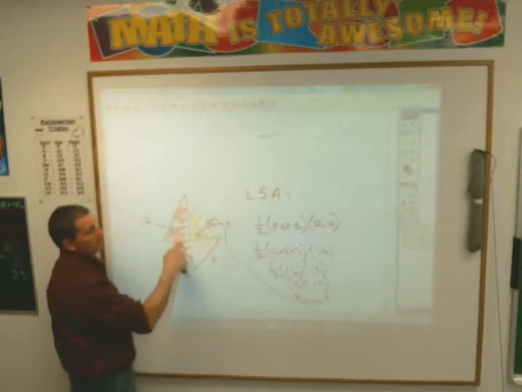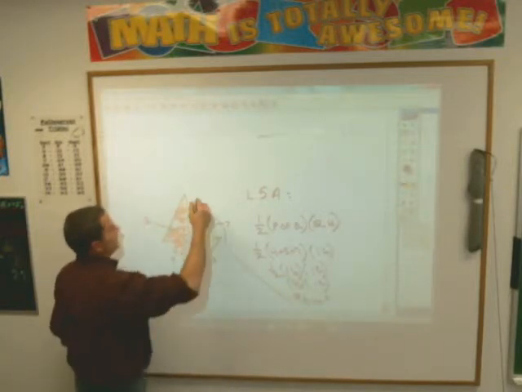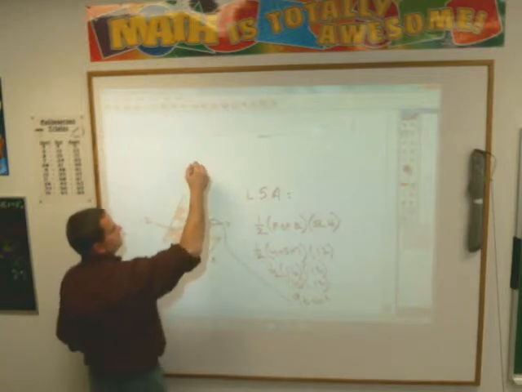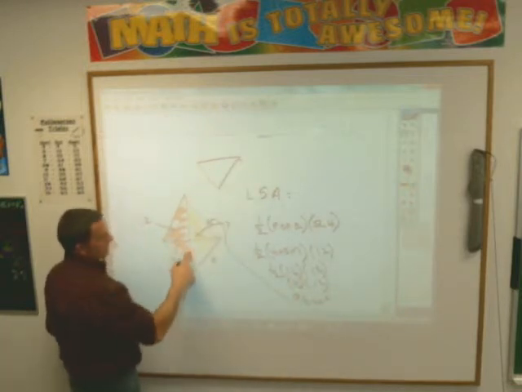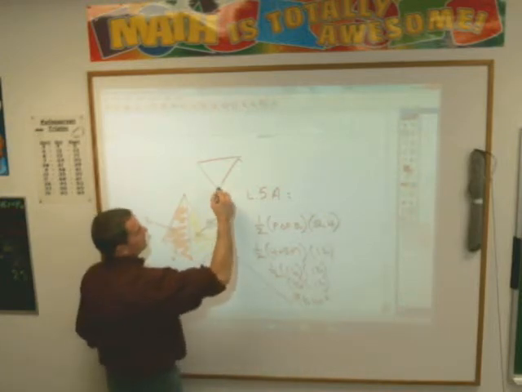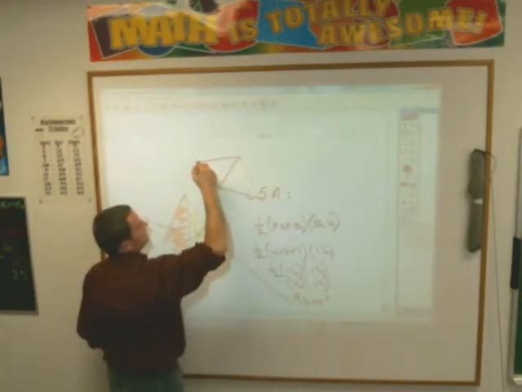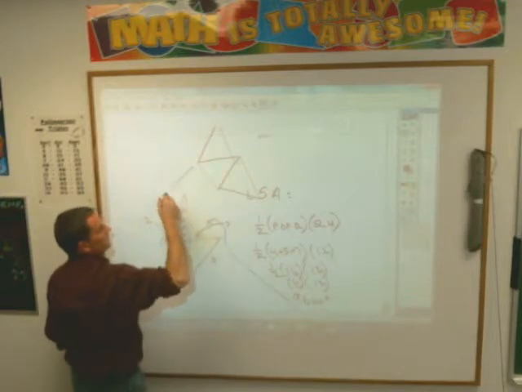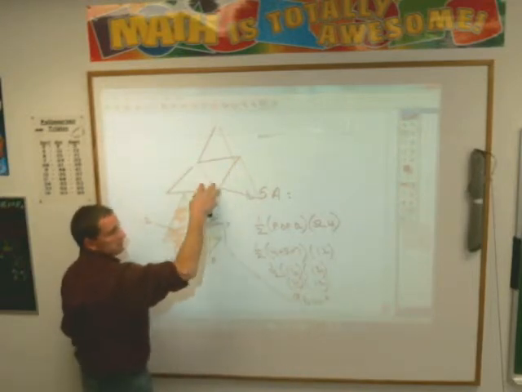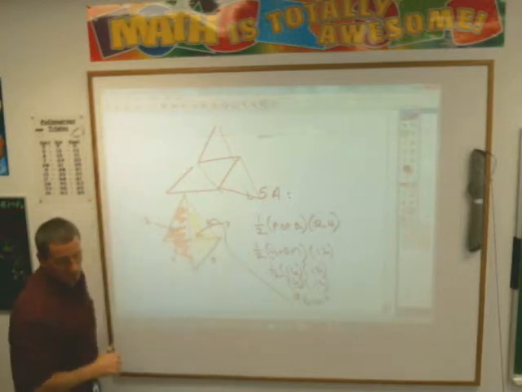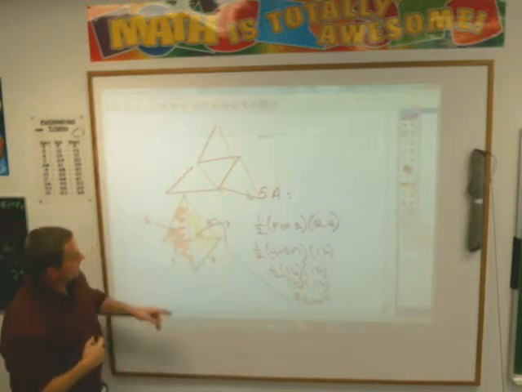We just found the area of, let me try to draw the net of this. The net of this looks like this. Here's my bottom triangle right here, and then off of that, there's a triangle that looks like this, and a triangle that looks like that, and a triangle that looks like that. We just found the area of those 3 side triangles. You were looking at this from the side.